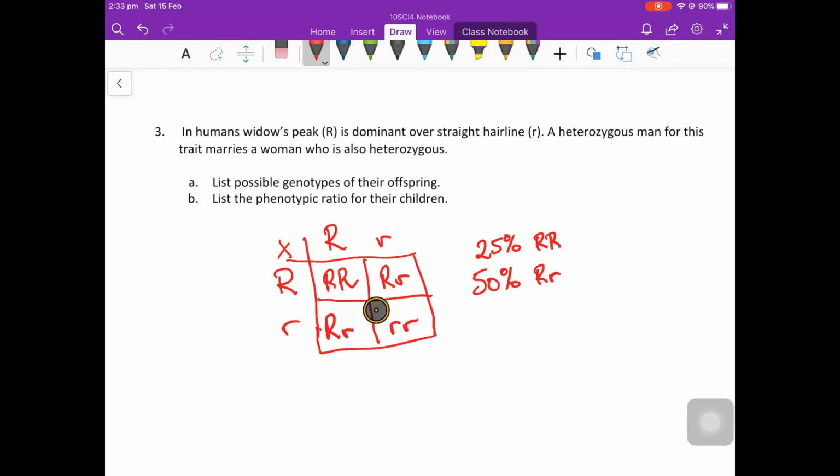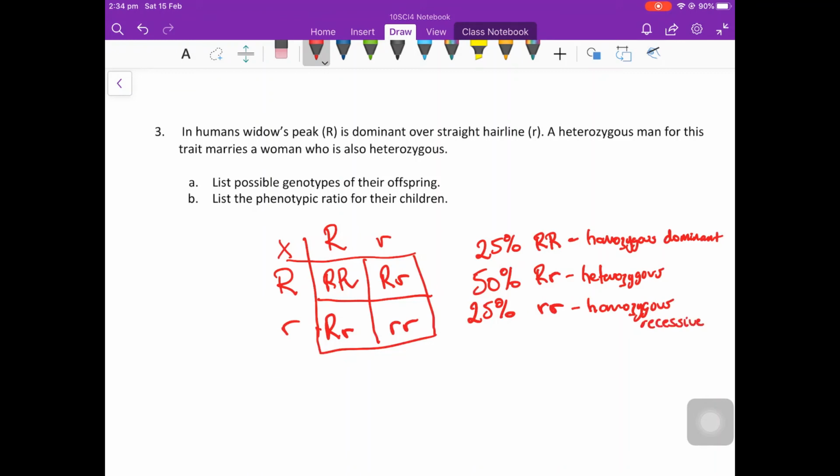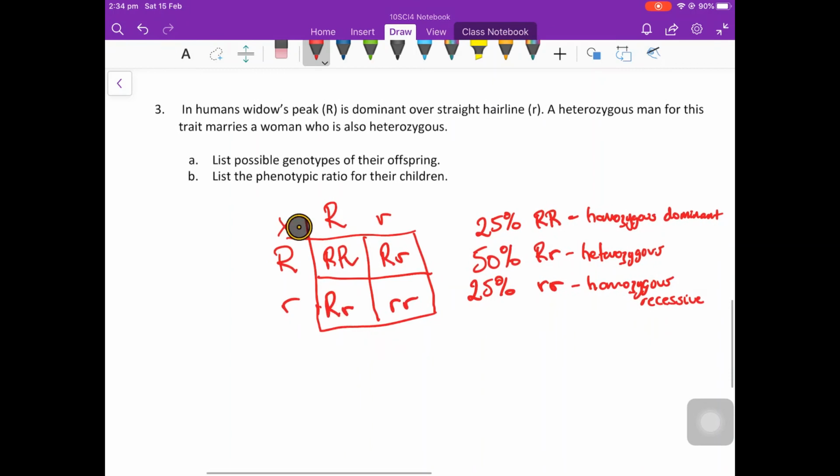And we've also got a 25% chance of it being this genotype. And so we note that this one over here is our homozygous dominant. This one right here is heterozygous. And this one here is homozygous recessive. And so they're the possible genotypes for their offspring.